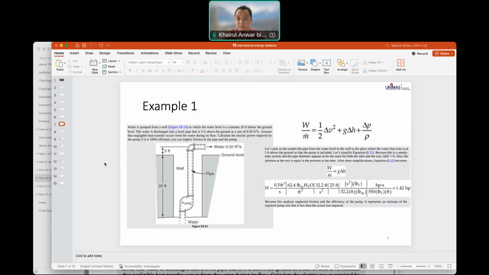So based on this equation, this is the equation without the friction. But it says here neglect the friction, so there is no F. In this book, there is a term EV, which stands for frictional loss.